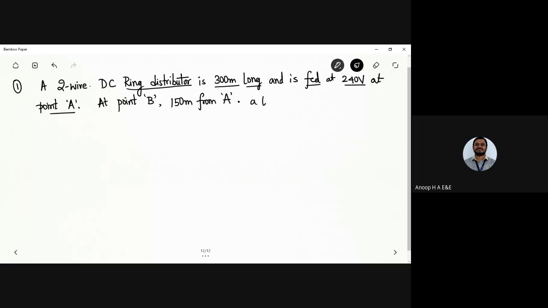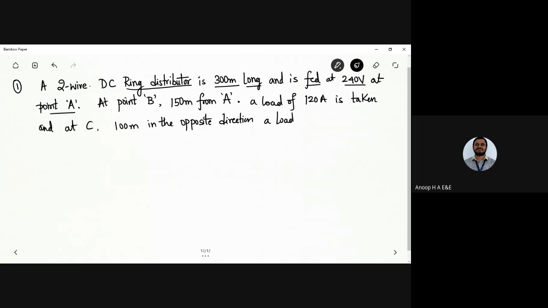At point B, 150 meters from A, a load of 120 ampere is taken, and at C, 100 meters in the opposite direction, a load of 80 ampere is taken.